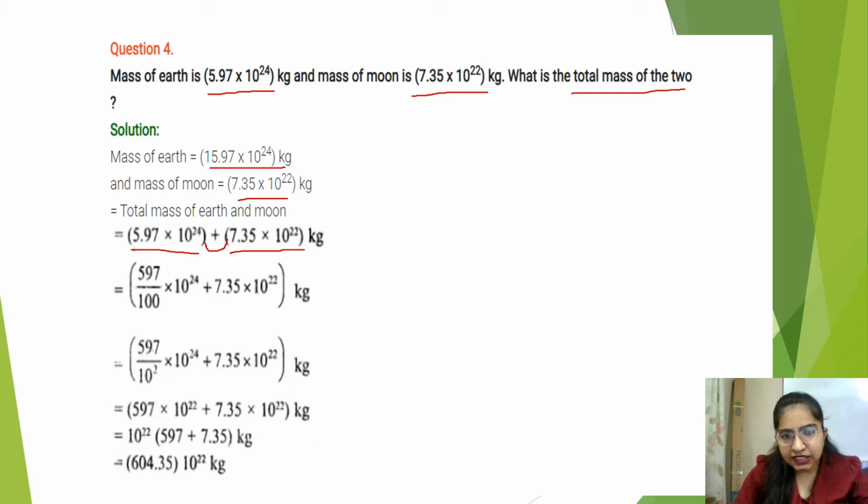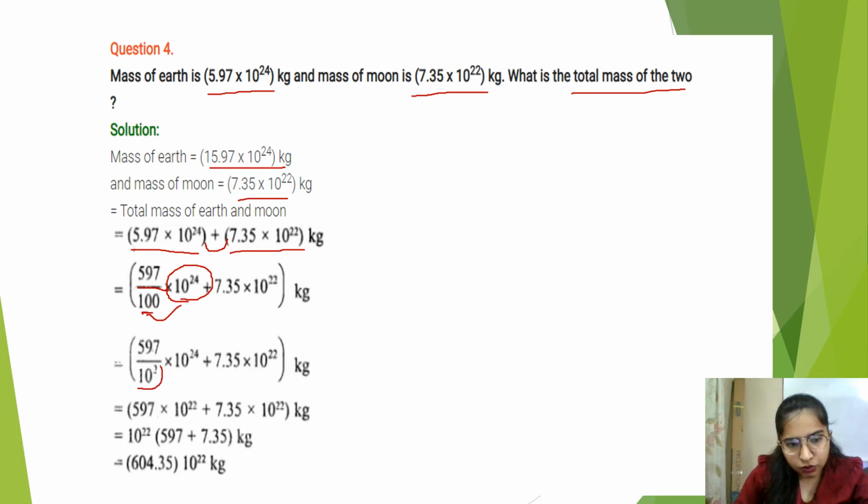Now 5.97, 7.35, right? You just delete the point. To delete the point, after the point 2 digits are here, so you have to divide it by 100. Here you have to divide it by 100. Here also 7.35, you can divide it by 100. It's up to your wish. So this is 10 raised to power 24, and 100 can be written as 10 raised to power 2.